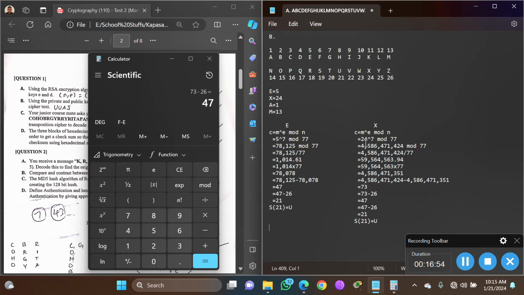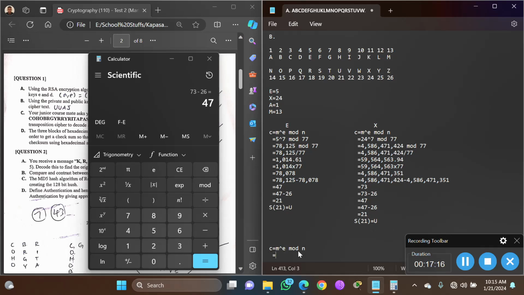Now let's go to the next letter, which is a. The formula: the ciphertext is gotten by plain text power encryption algorithm mod n.